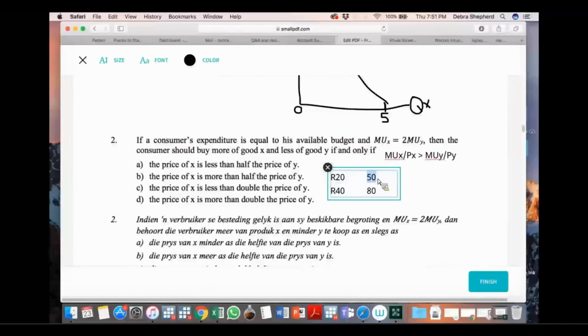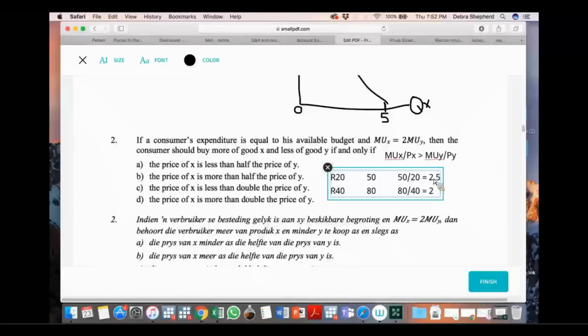So if I take this marginal utility of the Cadbury chocolate and divide it by price, I will get 50 divided by 20, so I'll get 2.5. If I take the Lindt chocolate and do the same thing, take 80 divided by 40, I get 2. So what this tells me is that for the Lindt chocolate, I'm only getting 2 units of utility per rand spent.